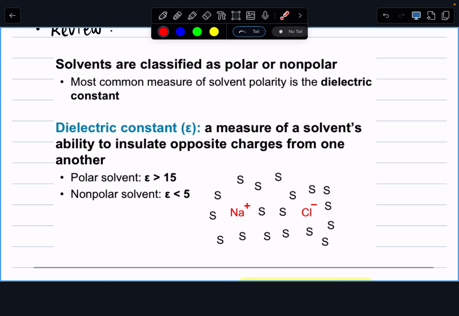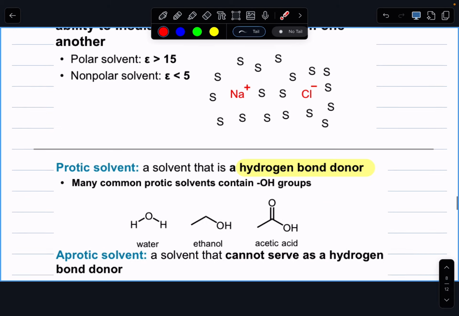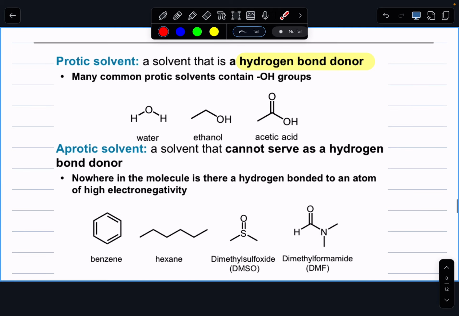In organic chemistry, because we talk about hydrogen transfer or proton transfer a lot, another dimension describing the solvent is protic versus aprotic. A protic solvent means the solvent can act as a hydrogen bond donor. It can be water, ethanol, acetic acid, or methanol.